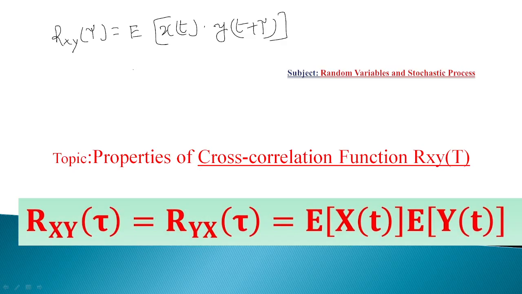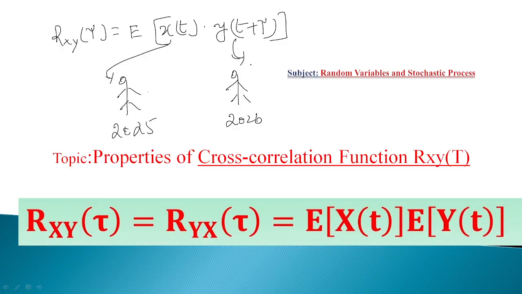If X of t and Y of t are two random processes, just as an example, I am assuming this is the random process X of t in 2025, and this is another random process Y of t plus tau in 2026.